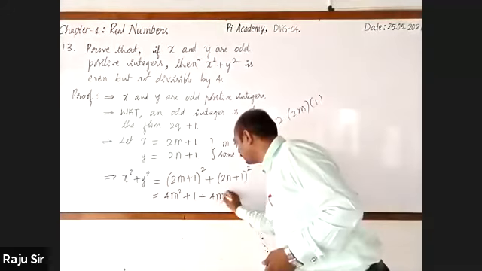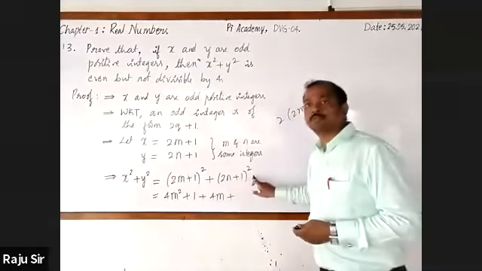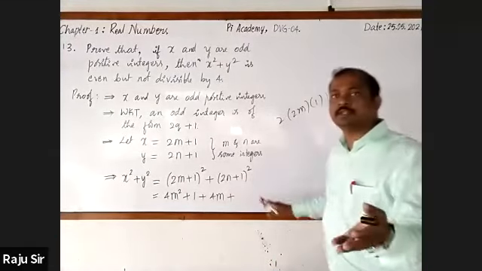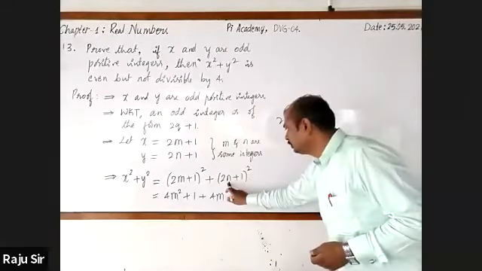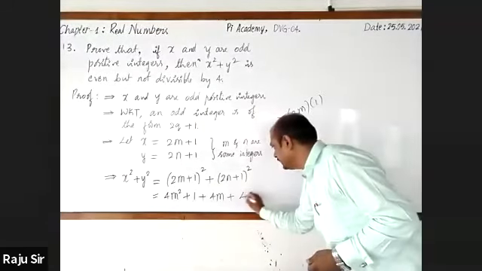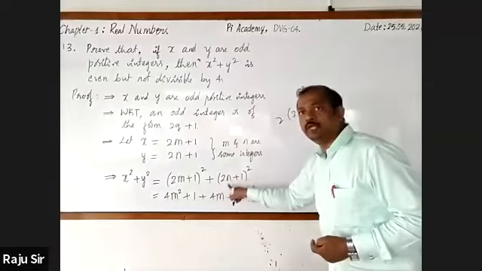It is 4m square plus 4m plus 1. Similarly, it is (2n plus 1) whole square, which is in the same form. That is (a plus b) whole square expanded. 2n whole square is 4n square, 1 square is 1, plus 2 into 2n into 1 is 4n. Four n.